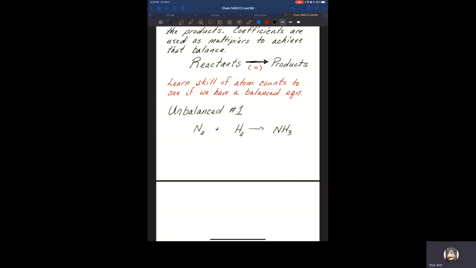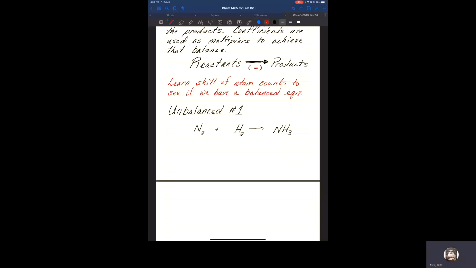And some of you may already look at that and recognize that the number of N's is different, and all of a sudden we go from H2 to H3. And that is exactly the point.